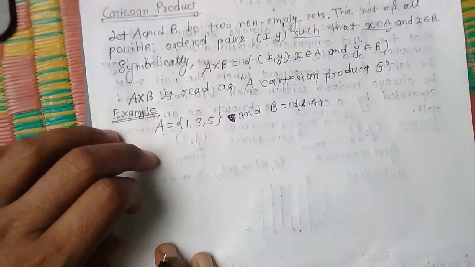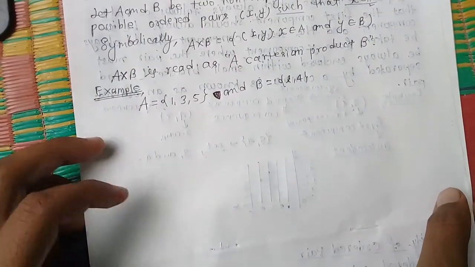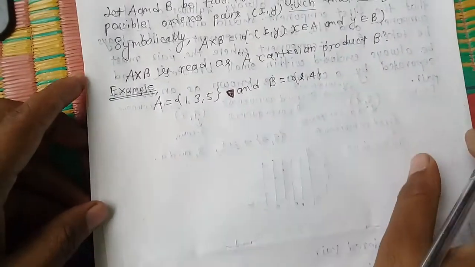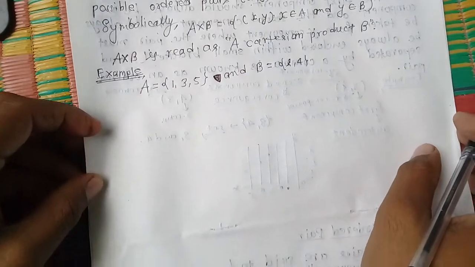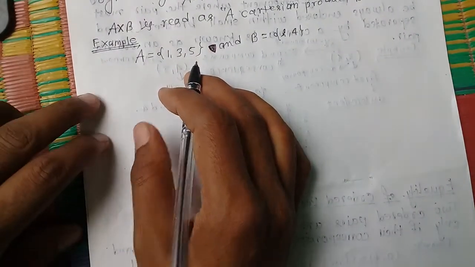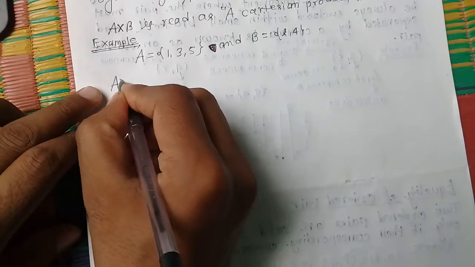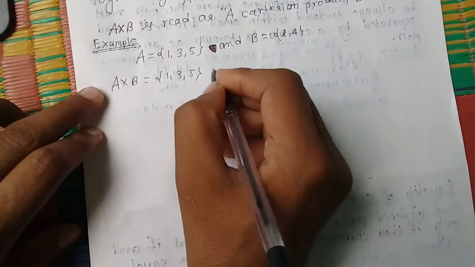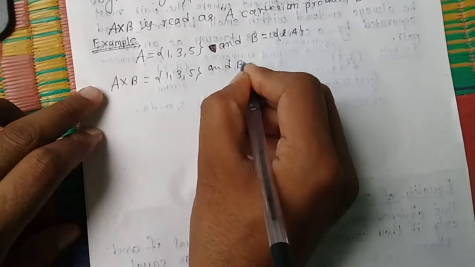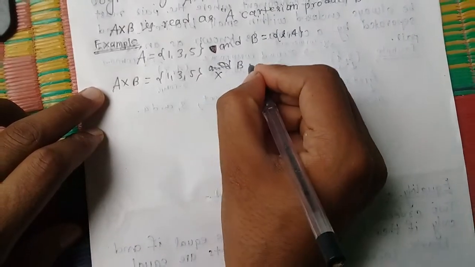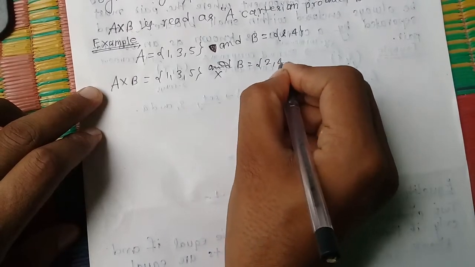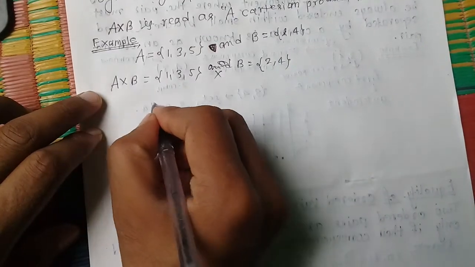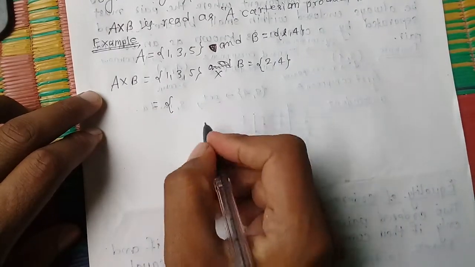For example, let group A have 1, 3 and 5, and group B have 2 and 4. A Cartesian product B: all possible ordered pairs.